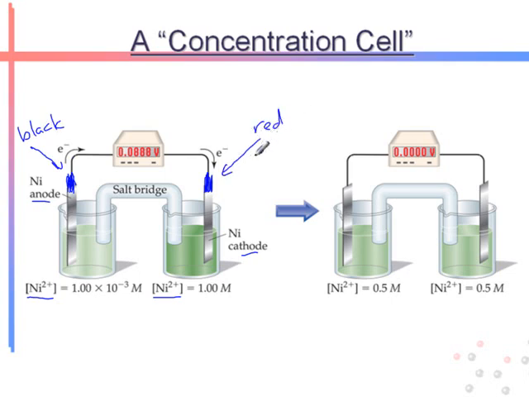The reason I do that is that when you have a voltaic cell set up in this fashion, black and red, and you get a positive value on the voltmeter, it tells you which side is the anode and which side is the cathode.